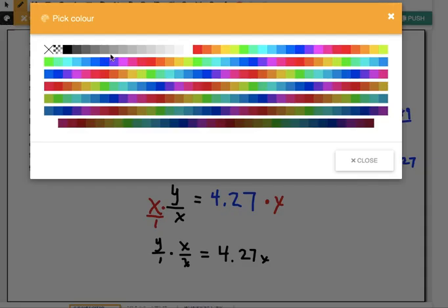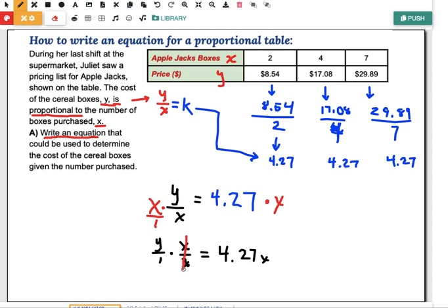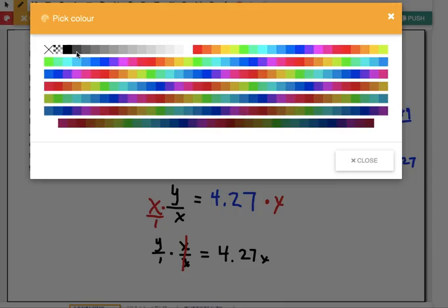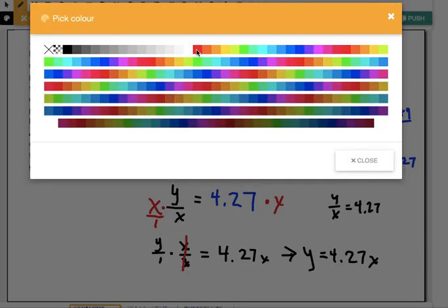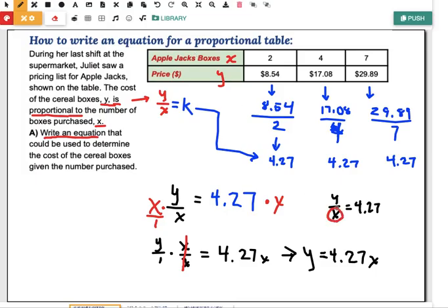So what I can do at this point is cross this out, and my new equation is Y, because Y over 1 is just Y, equals 427X. In the future, now that you know why that happens, if you have this, all you have to do is take the denominator here and write it over there.